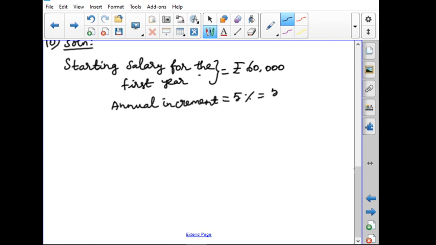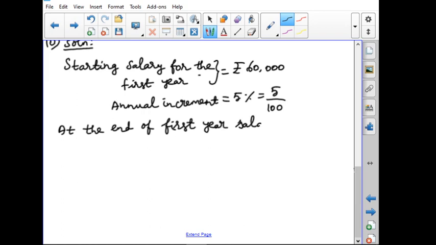5% means we can write it like this, 5 by 100. Annual increment means we have to add to the salary. Decrement means we have to subtract from the salary. So at the end of the first year, salary: the starting salary is 60,000, and the annual increment is 5 by 100.